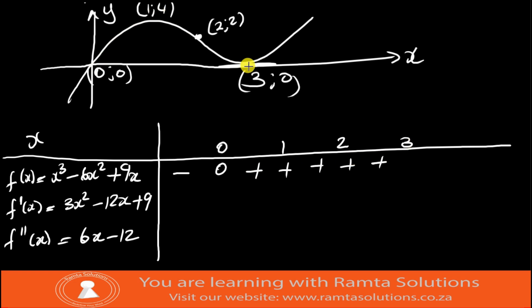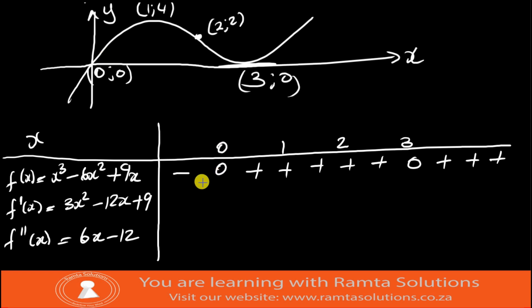At 3, the y value is 0. Greater than 3, y values are greater than 0, meaning positive.